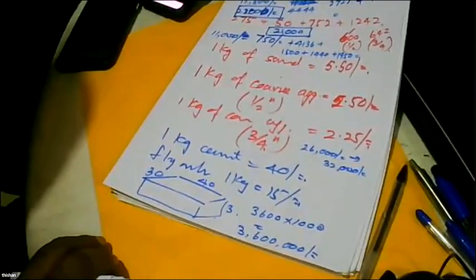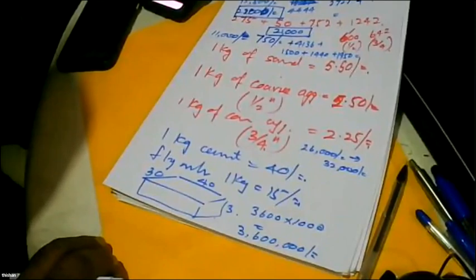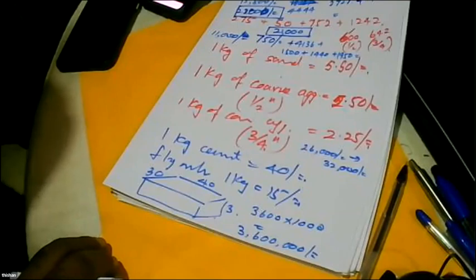And do you know what was the maximum capacity of a concrete mixer that was available for this 2,200 million project? It was a half bag capacity concrete mixer, and this engineer made it happen.